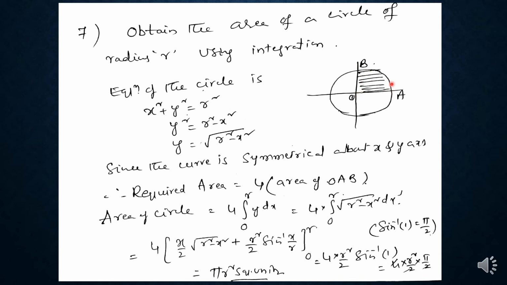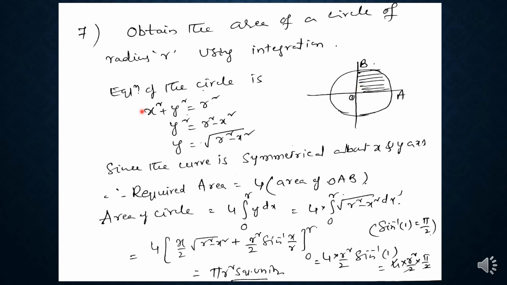By taking the area bounded by the curve formula, we can find the area of the circle in the first quadrant, and this value can be multiplied by 4 to get the total area bounded by the circle.